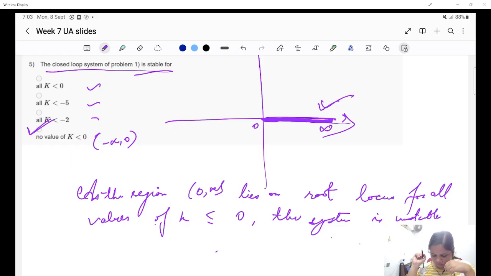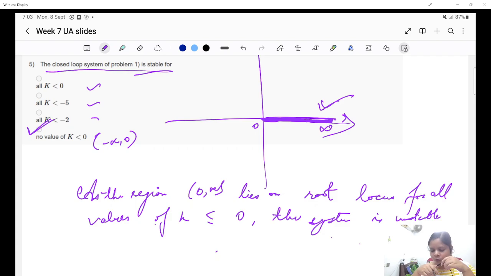How can you make it stable? Is stable for what value of k means most everything is almost negative only. If it is in the right of the s-plane, it is unstable. But in the question, closed loop system problem only stable for what value? If the question itself is saying stable, is it talking about making this system stable? No, it is not asking you to make the system stable.